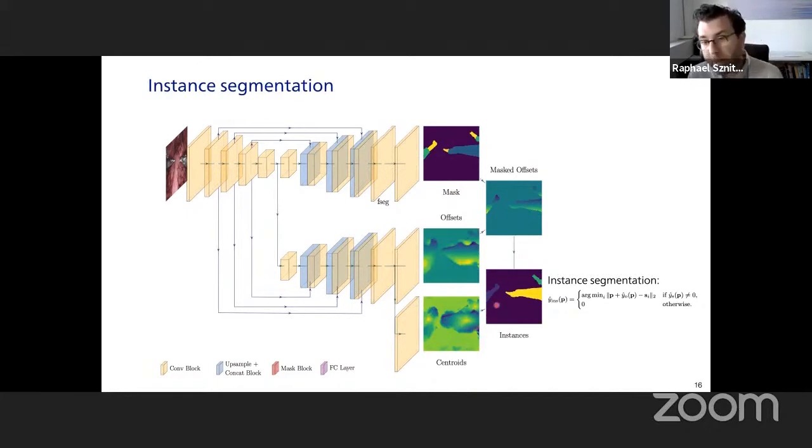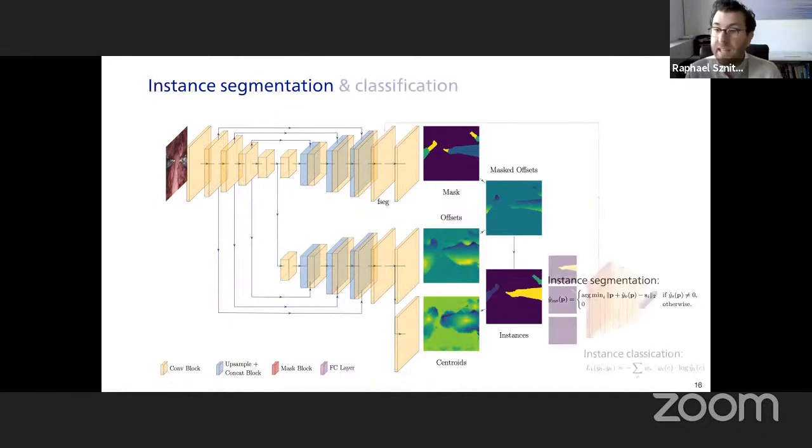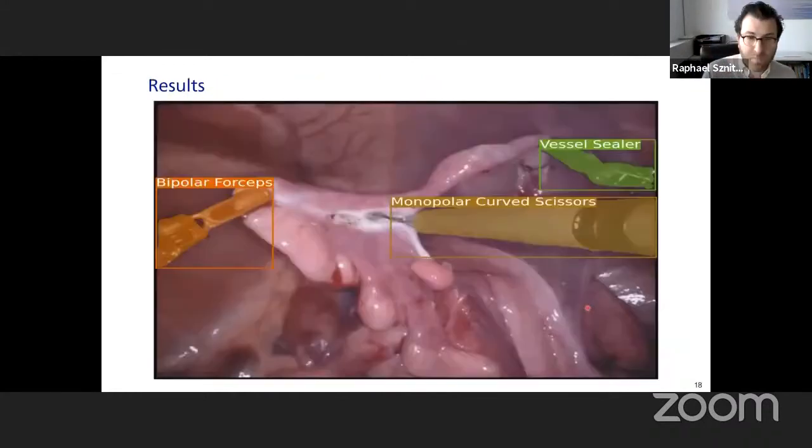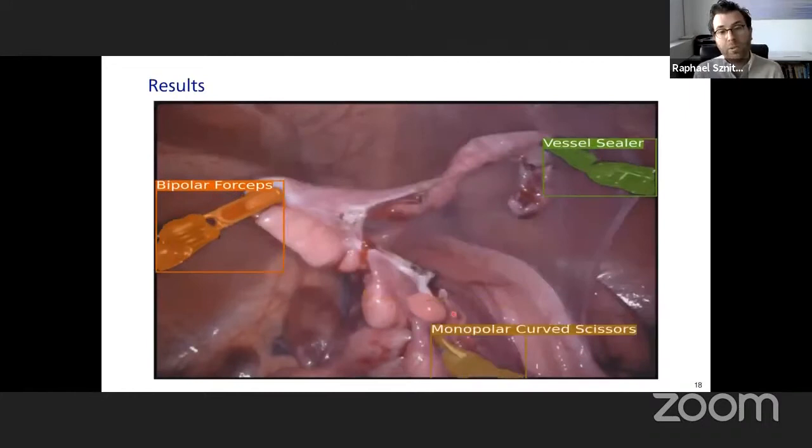What you end up having then are piecewise constant instances for a given instrument that use this mask, offset and the centroid to determine who belongs to who. And from this, you can optimize and then classify each of the instruments or instances as a traditional image classification problem for every instrument part or instance at that point. And when you do that, this is what you get.